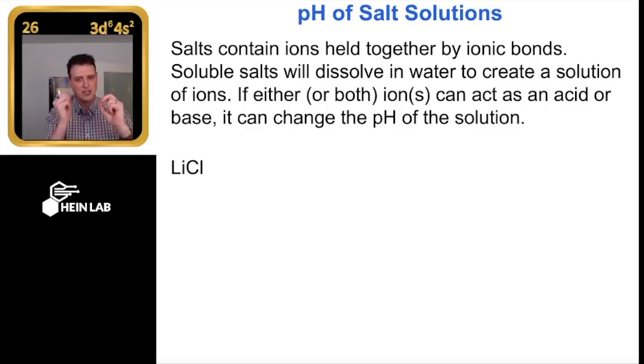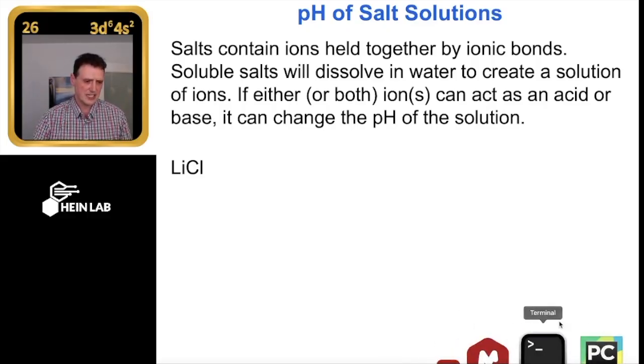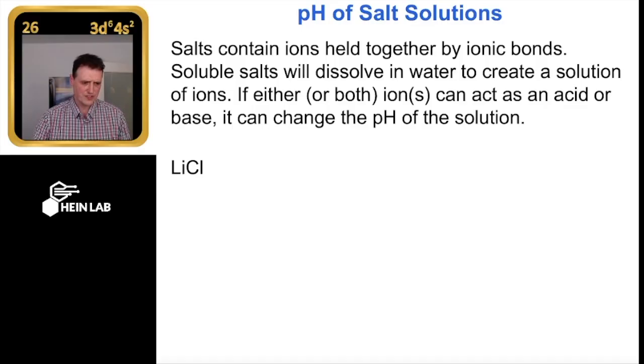If I were to dissolve, let's say, acetic acid in water, what would you expect? If I took acetic acid, which we've defined right now as a weak acid, so CH3COOH, and dissolve it in water, do you think the pH is going to go up or go down?